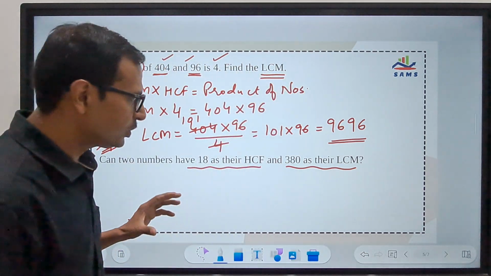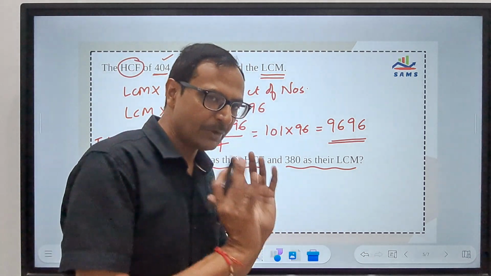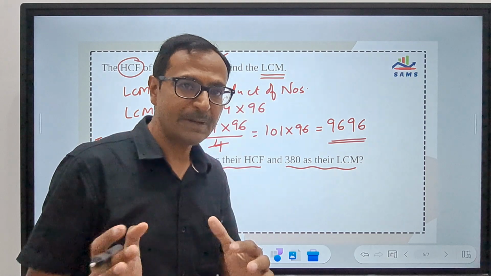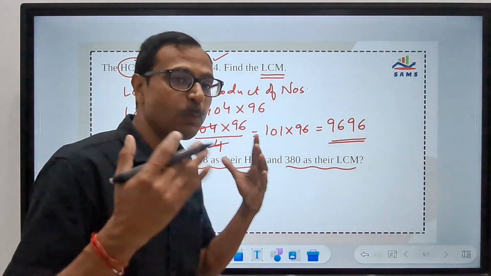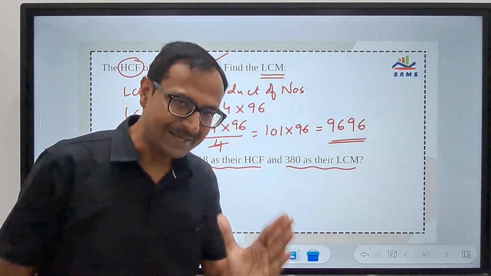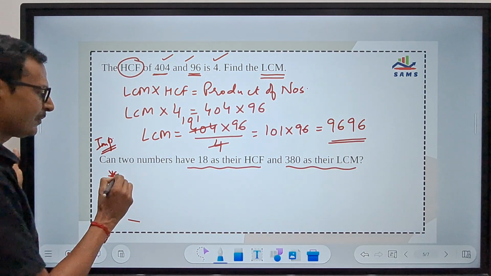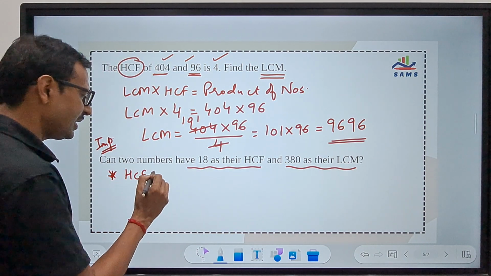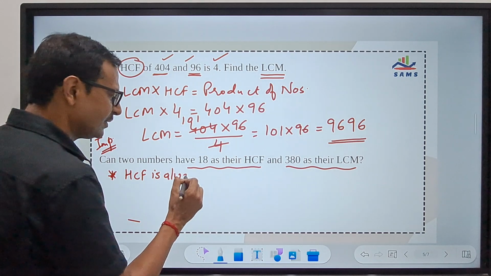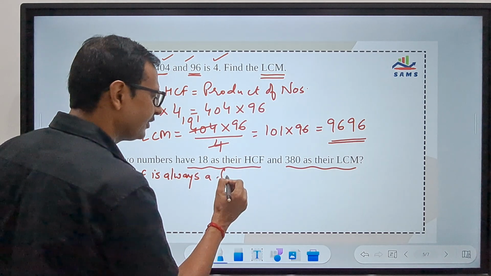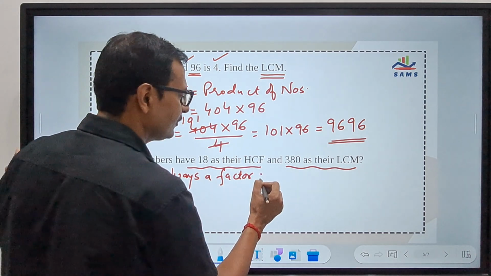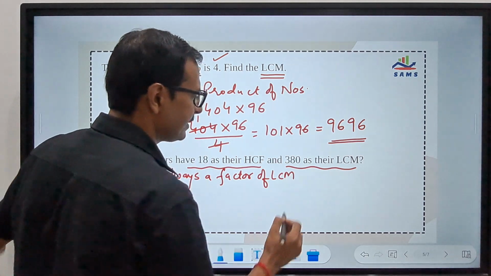So whenever there are two numbers, one of them is HCF and the other one is LCM, and they are asking you to verify whether it is possible or not, then the important concept to be used here is HCF is always a factor of LCM.